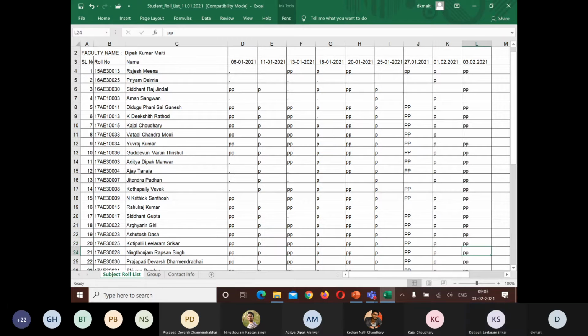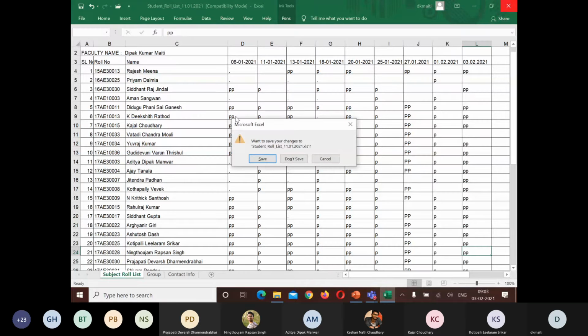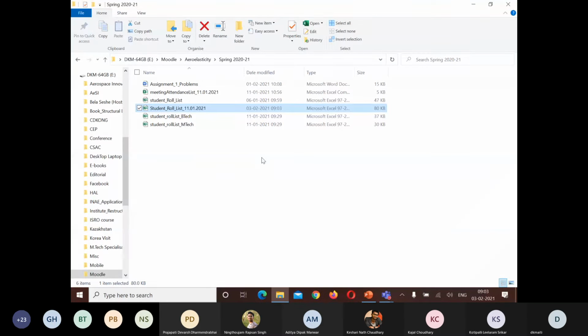Okay. But you fill up your group, group A, group B. Nobody is filling yet. You can fill up, then I'll sort that file to give you the information of who is in which group.